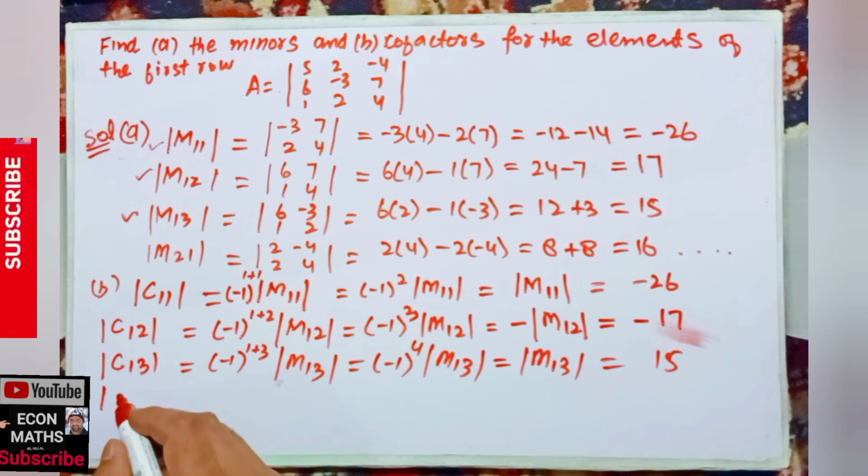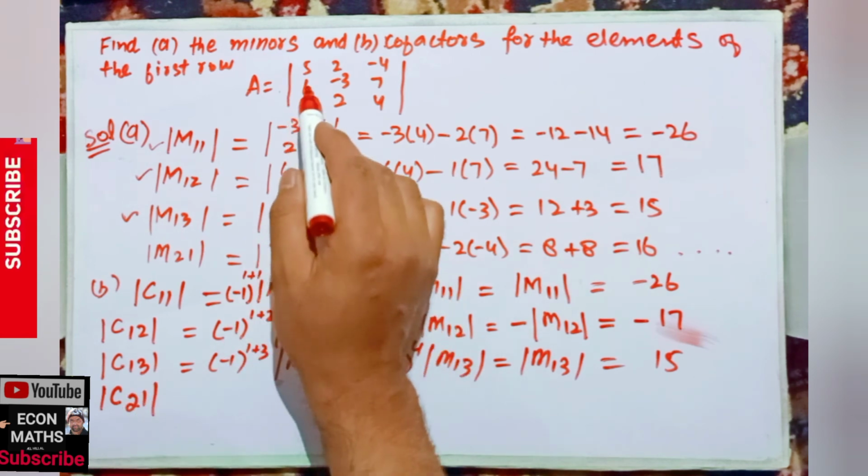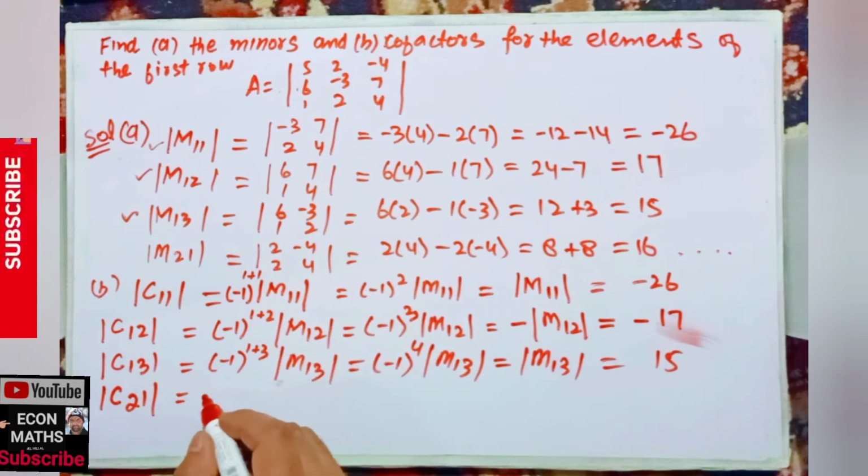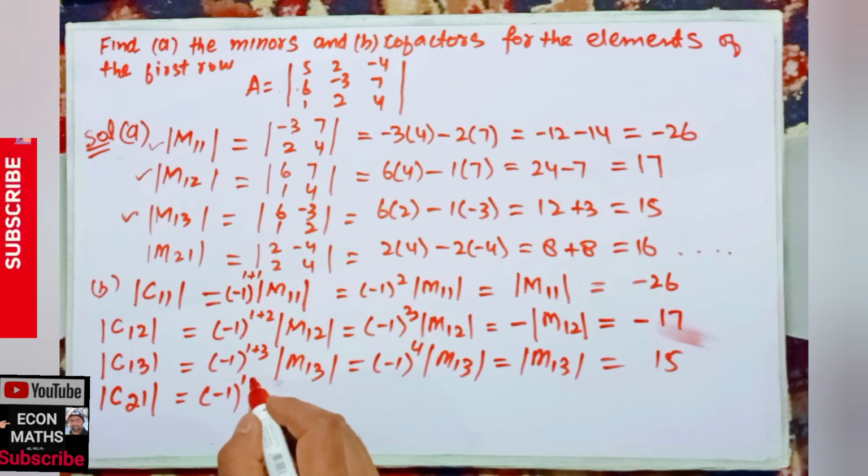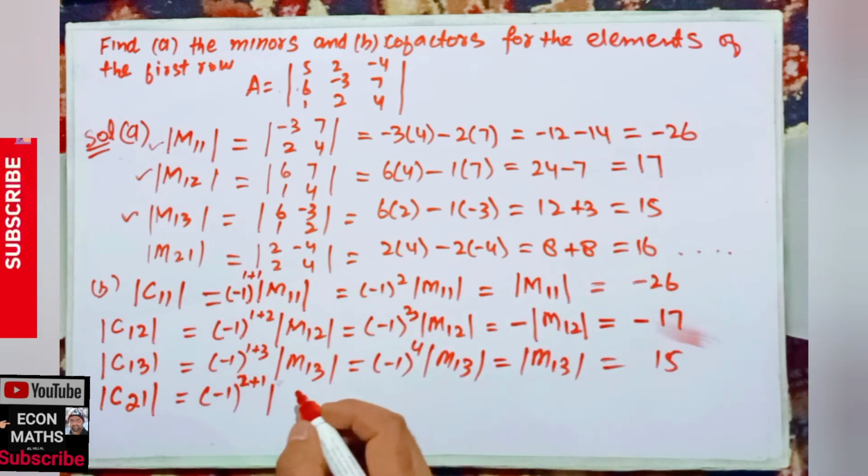Similarly, the cofactor C21, that is the cofactor at this place, is also equal to minus 1 raised to the power of the subscripts, that is 2 plus 1, multiplied with the corresponding minor, that is M21.